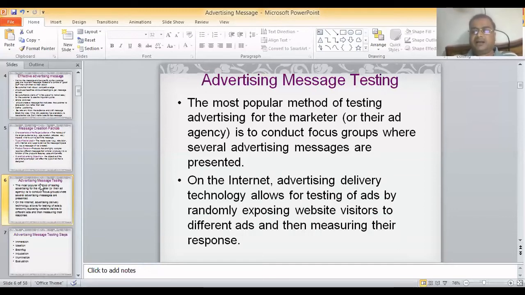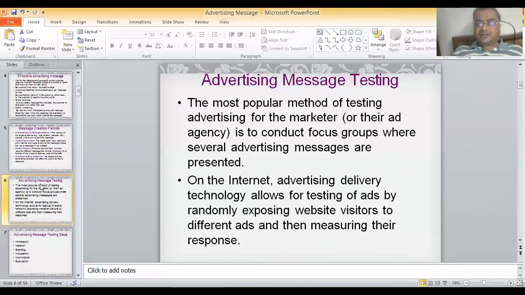Then there are various other methods, where we give magazines and place the ad in between, and we see whether the ad was able to make an effect on the person reading the magazine.